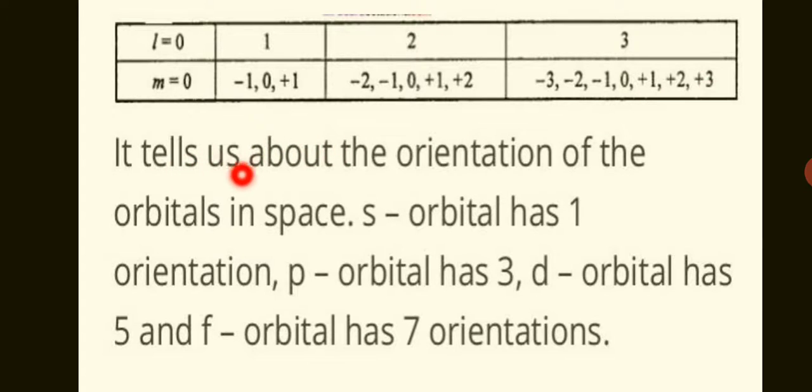So it tells about the orientation of the orbitals in space. If l is equal to 0 and m is equal to 0, then the s orbital has one orientation, that is spherical. The p orbital has 3 orientations, the d orbital has 5 orientations, and the f orbital has 7 orientations.